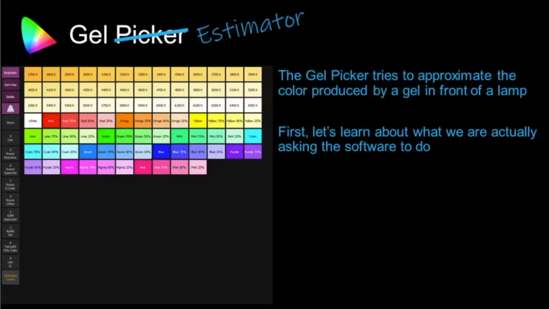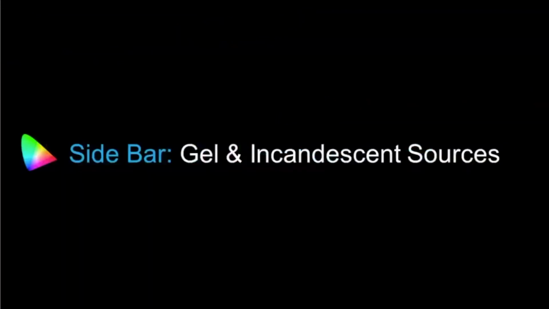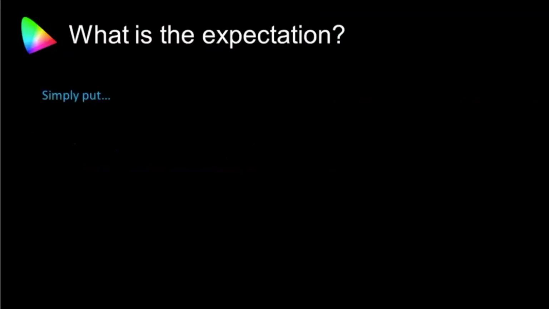And I want to take a sidebar because we really need to ask, what are we trying to do, right? What are the expectations here? I've got an LED fixture with additive color mixing, or I've got an arc source with subtractive color mixing. And what am I expecting when I use the gel picker with those sources?